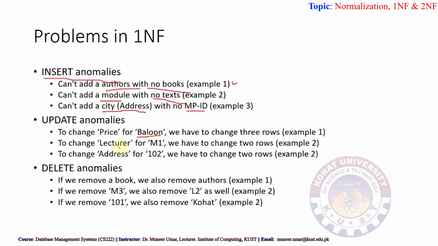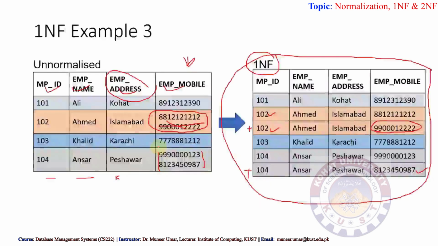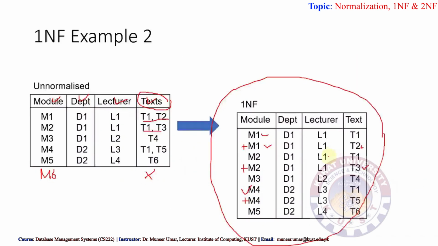And in case of the second example, to change the lecturer for M1, we must also apply the update query on the second row, like here. If we need to change this L1, then we must also change this one, so it is not possible to apply a single update query on this row.